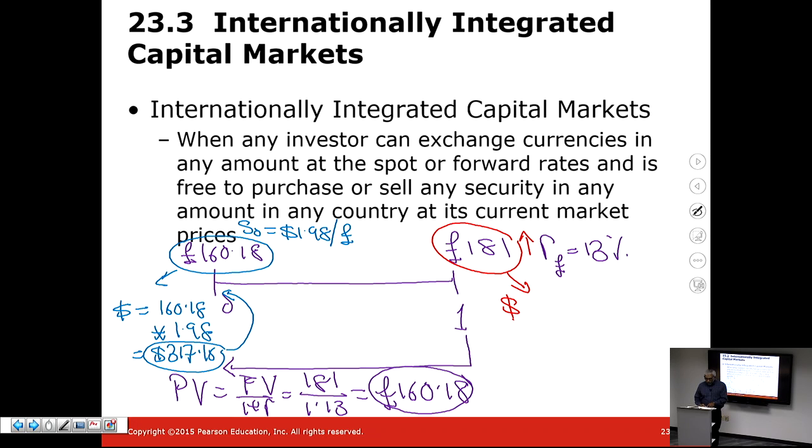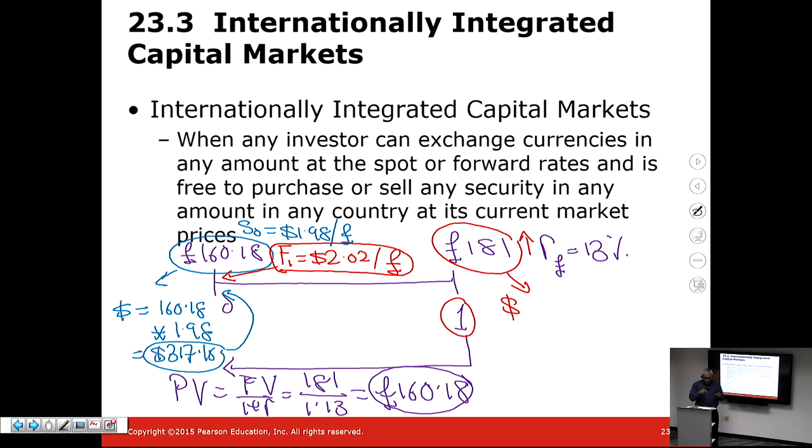Assume that the forward rate today is $2.02 per pound. That means the transaction made at time zero for currency to be delivered at time 1 uses the forward rate of 2.02.